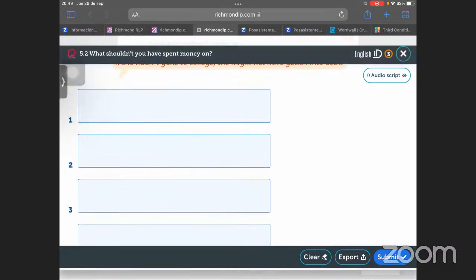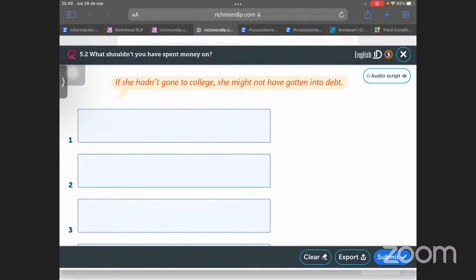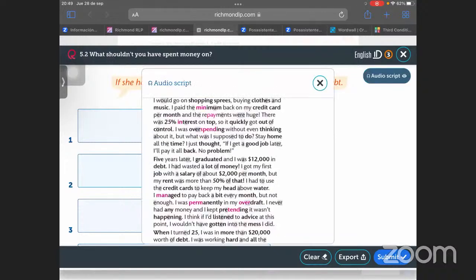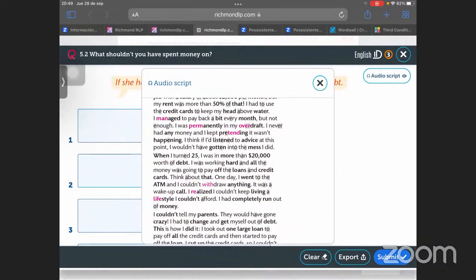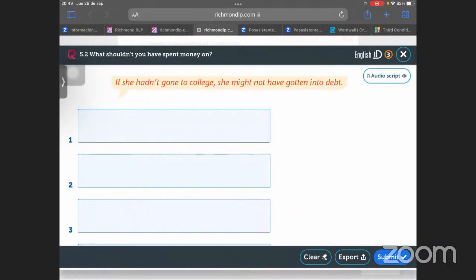Think about 3 sentences using the third conditional. Doesn't have to do with the audio script, okay? Because it implies that we need to read everything again. But no, different sentences. Think about 3 examples using the third conditional, okay?